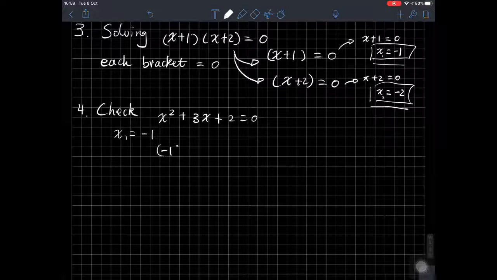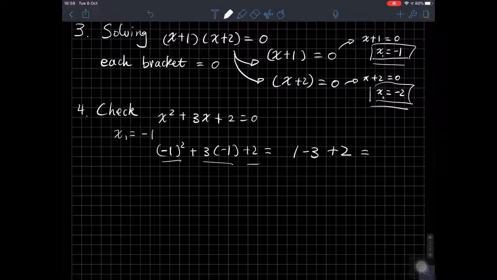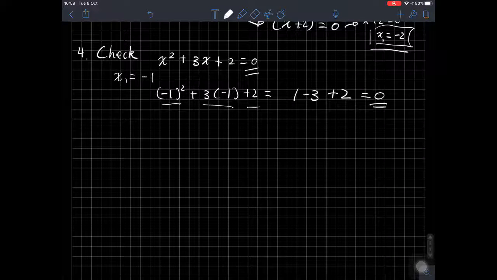Minus 1 squared plus 3 times minus 1 plus 2 equals minus 1 times minus 1 is 1. 3 times minus 1 is minus 3 plus 2, which is 0. That satisfies our equation.